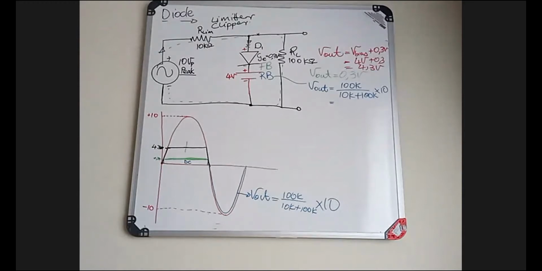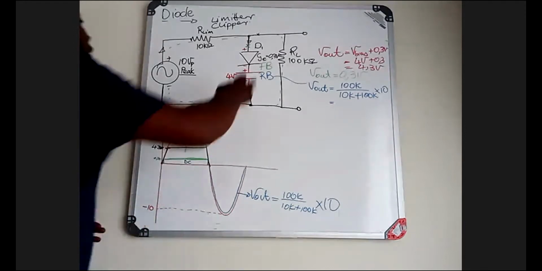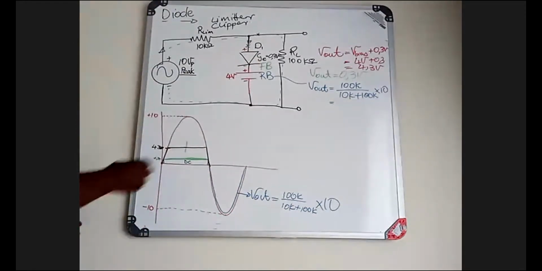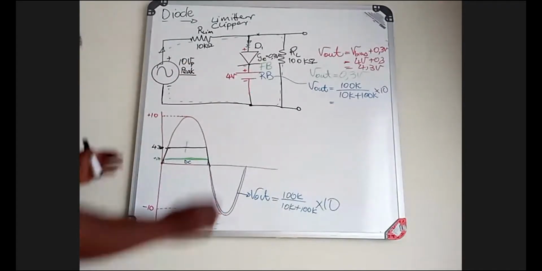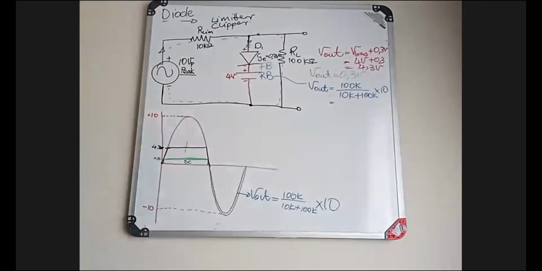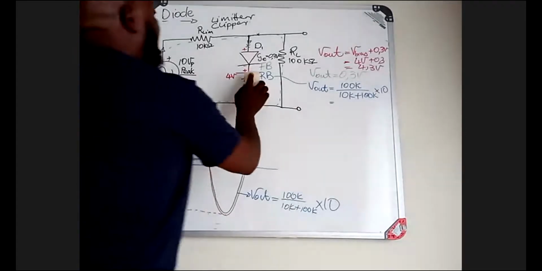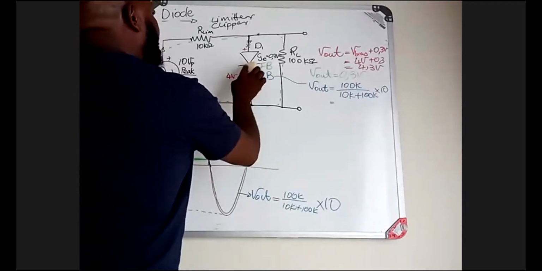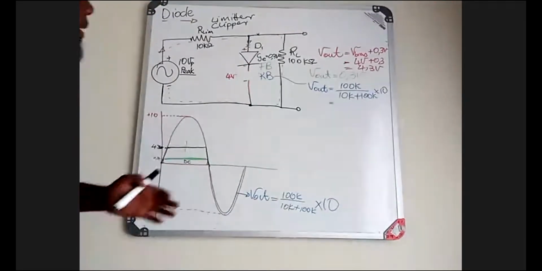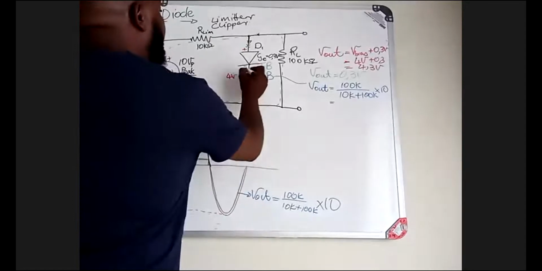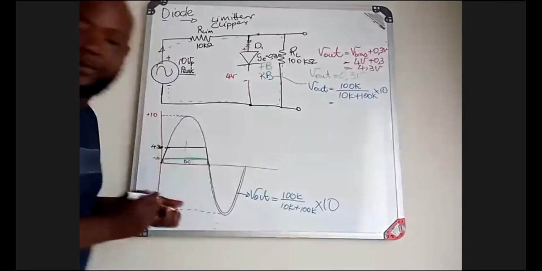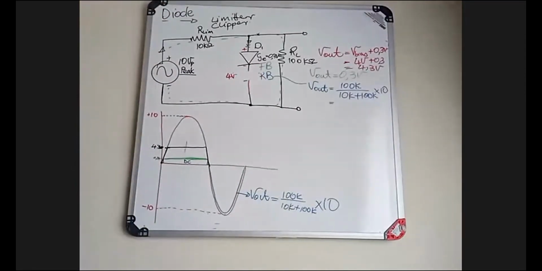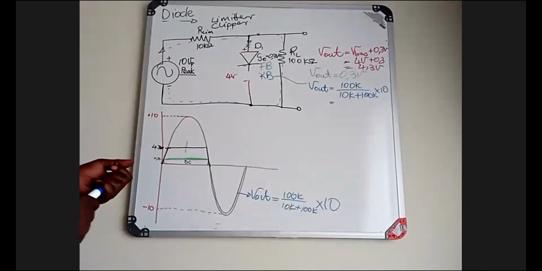You can continue. Now, what will happen when I am biasing this, but with the polarity of this changed? If I change the polarity of this, let me just use a different color, this time green.